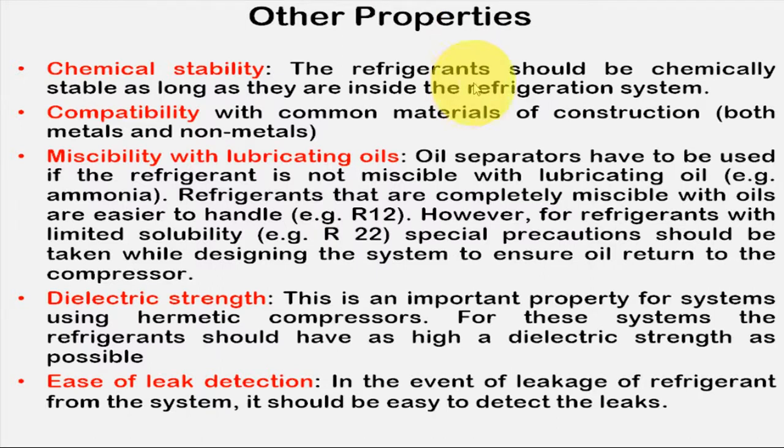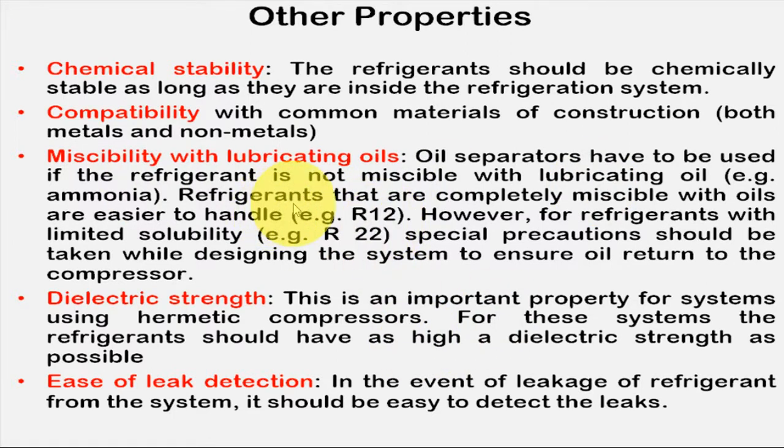Next property is chemical stability. The refrigerant should be chemically stable as long as it is inside the refrigeration system. It should be compatible with the materials of construction, like metal or non-metal. Then miscibility with lubricant oil. Oil separators have to be used if the refrigerant is not miscible with lubricant oil.